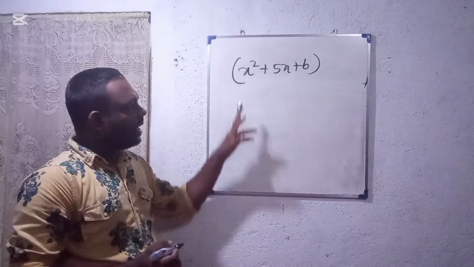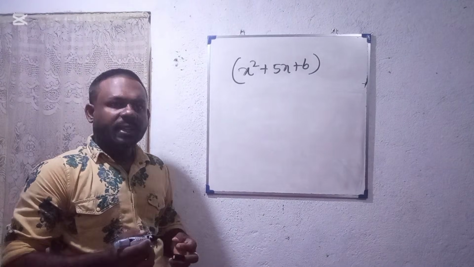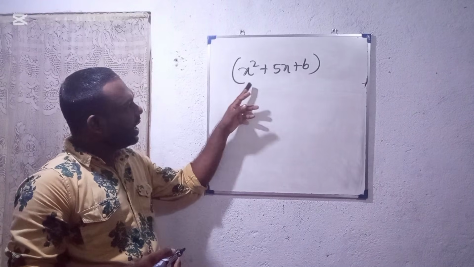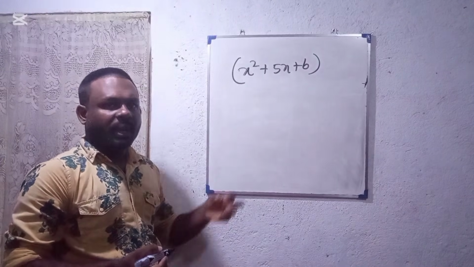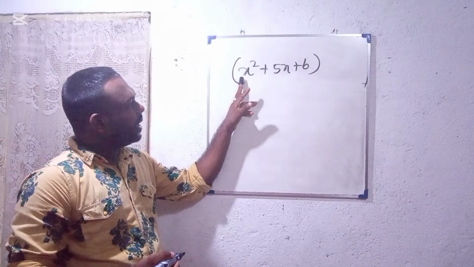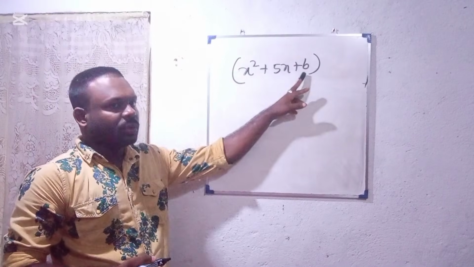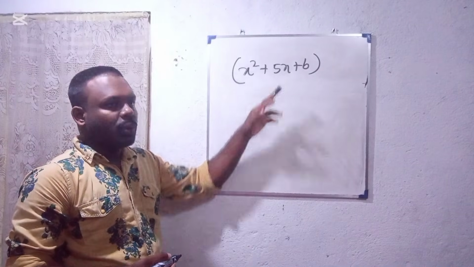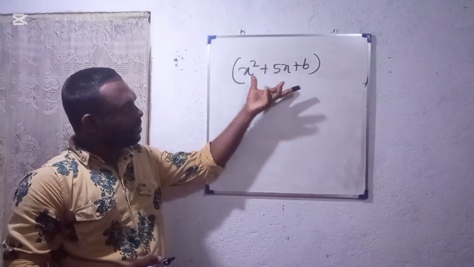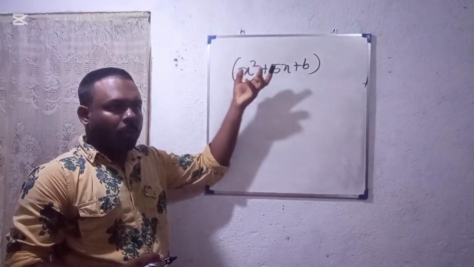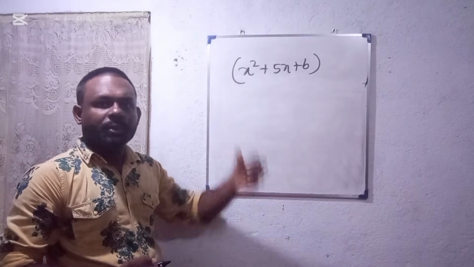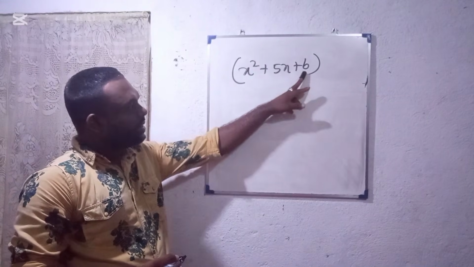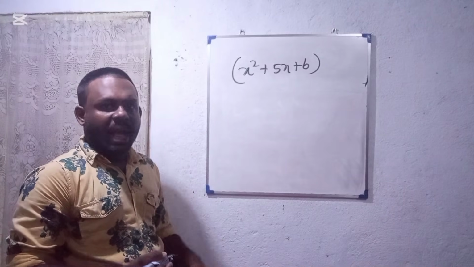Now the basic meaning of factorizing is taking common things out. Are there any things to be taken out? x square, 5x, constant. Here there are x's, but factorizing means we always try to get the common things from all terms, no? Here x square has x, but 6 has no algebraic terms.